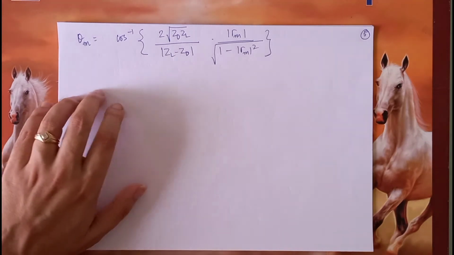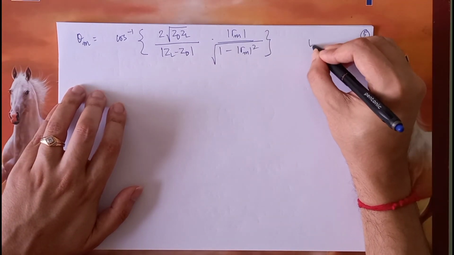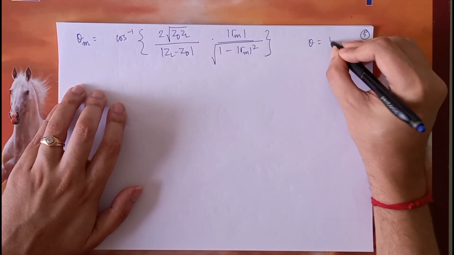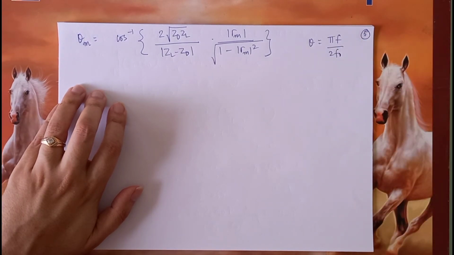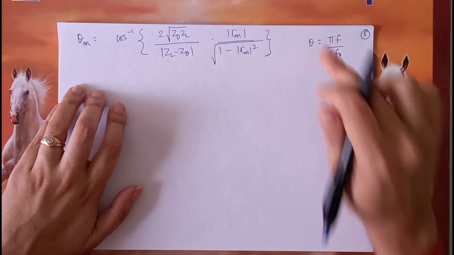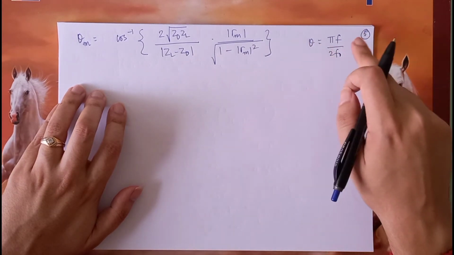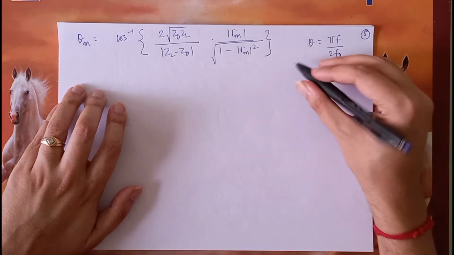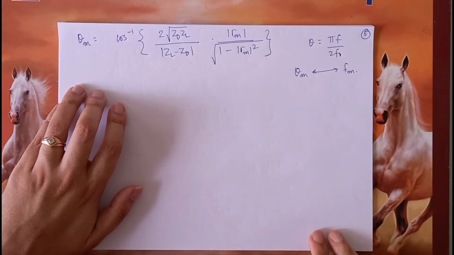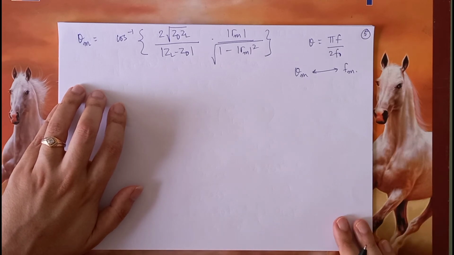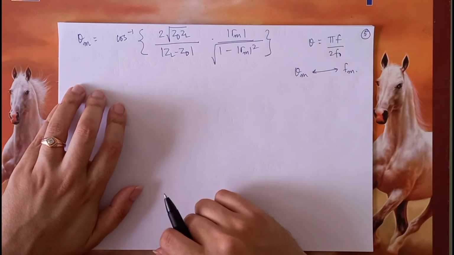So we had derived that theta is nothing but pi f by 2f0. So therefore, what we are interested ultimately is in the bandwidth. So therefore, theta m must correspond to some fm. That is the first frequency where the mod gamma goes below gamma m.